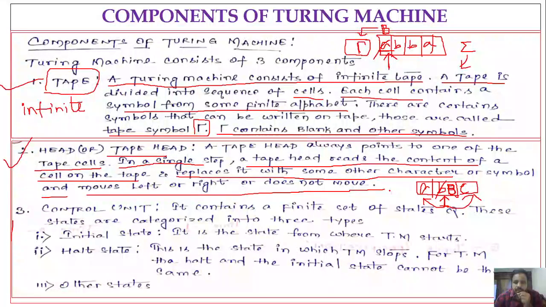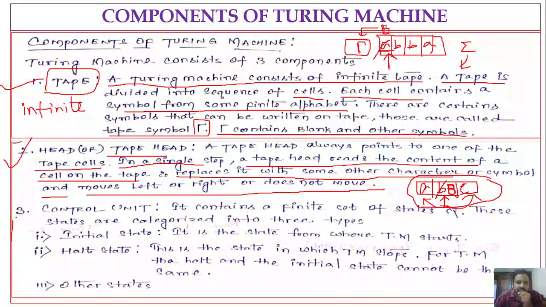Two important properties to remember: the tape head is a read-write head, so after reading, it has to perform a write operation on the same cell it read from. And second, it moves left or right or stays in the same position.